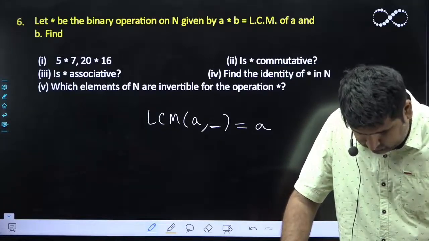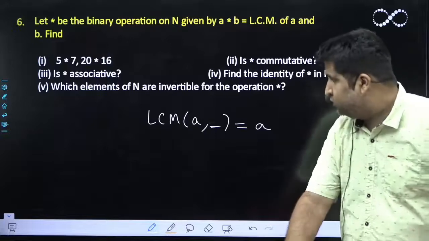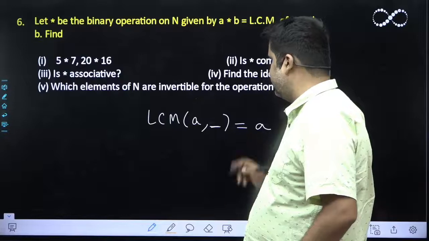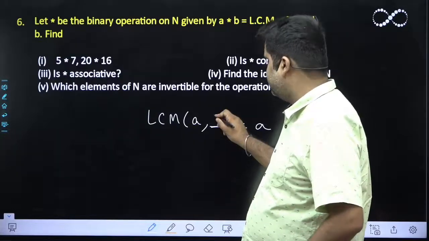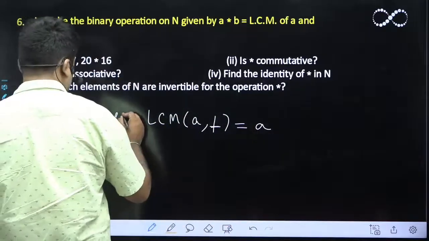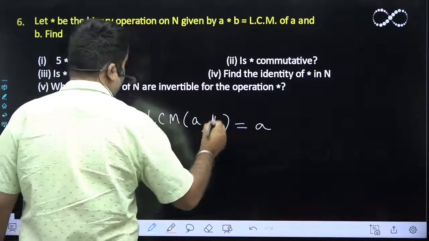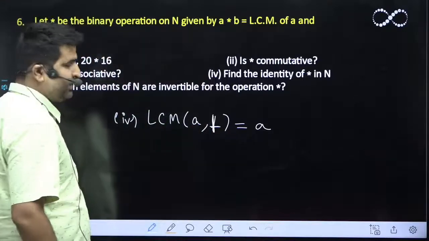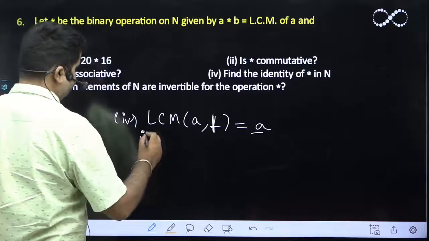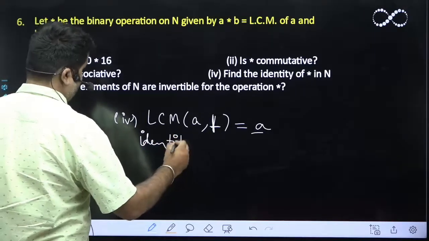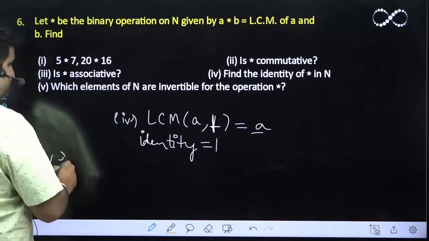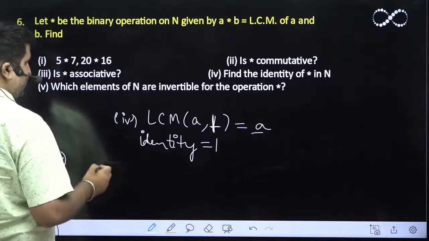So what is such a number for which LCM of A and that number is always A? We can say 1. For the case of 1, it is always true. If we take LCM of any number with 1, it will always be equal to the number itself. So the identity is equal to 1.